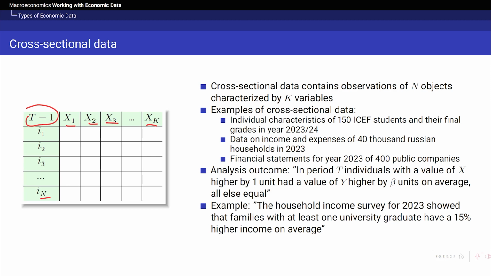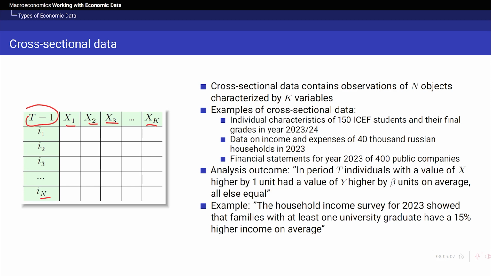Research questions which can be answered by using cross-sectional data vary a lot. On the slide, you can see one example of a statement or a hypothesis that can be checked with cross-sectional data. It is usually something along the lines of: in a particular period, individuals with a value of x higher by 1 unit were associated with having a value of y higher by beta units, all else equal.